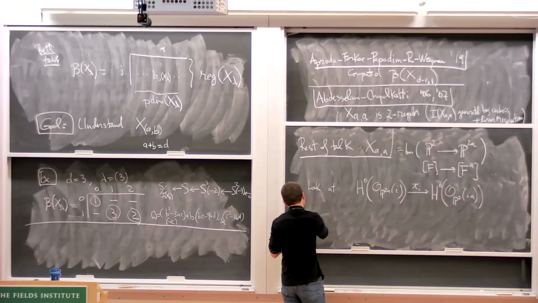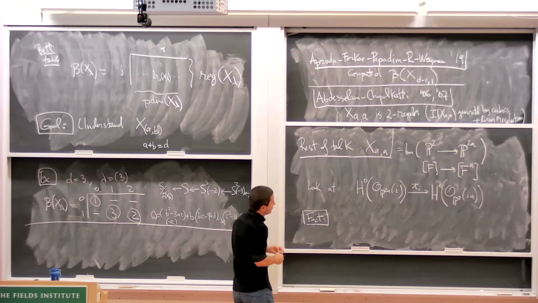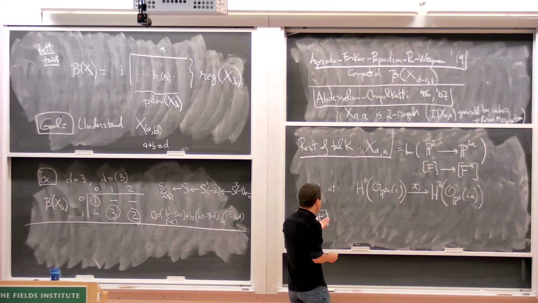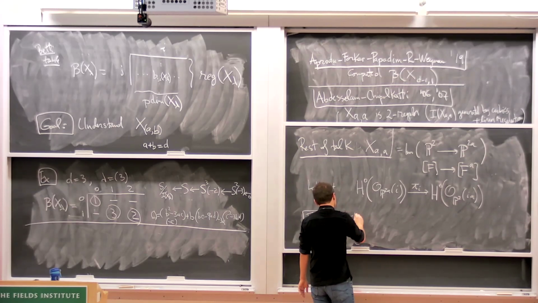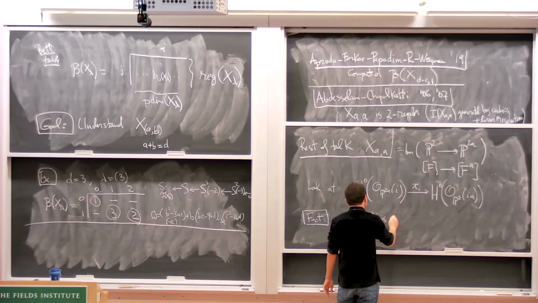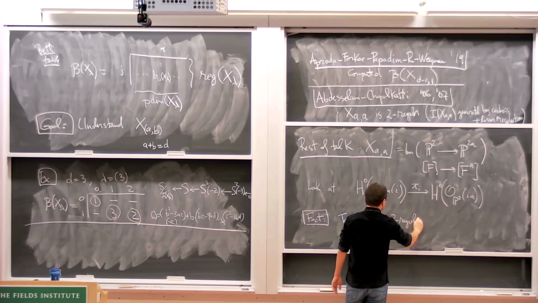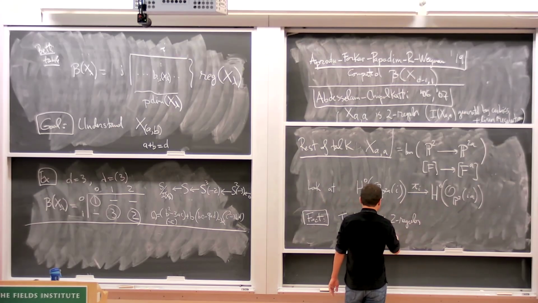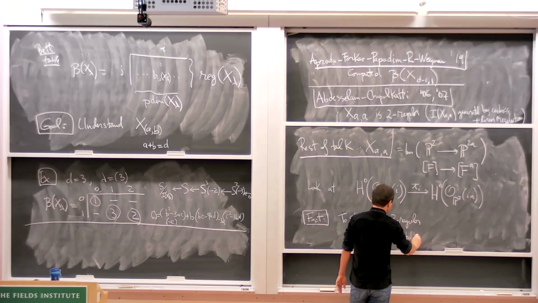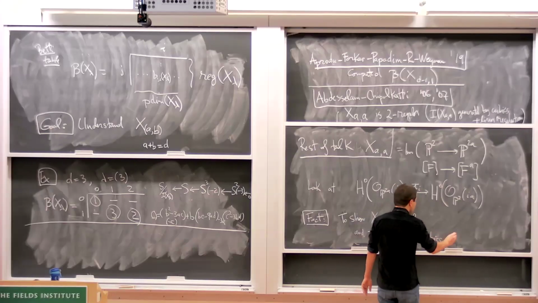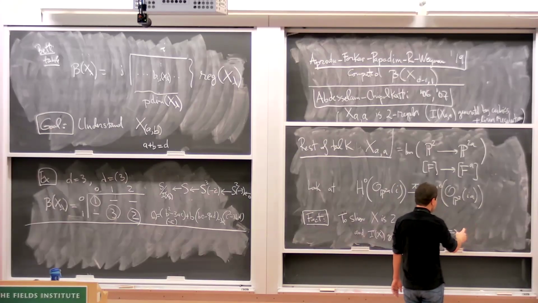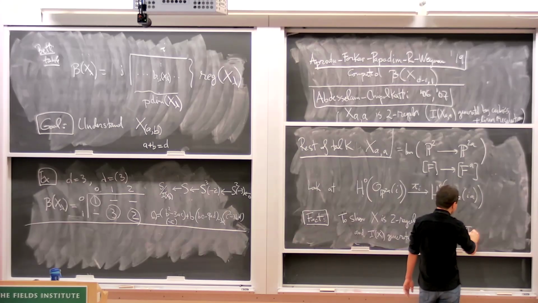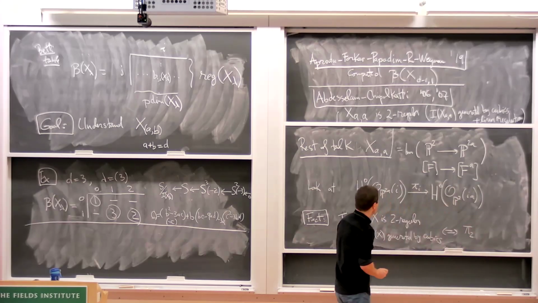And so here's the general fact. This is just general nonsense about regularity that I don't really have time to explain, but to show that X is 2-regular, and the ideal of X is generated by cubics, what you need to show is really that the map in degree 2 is an isomorphism.